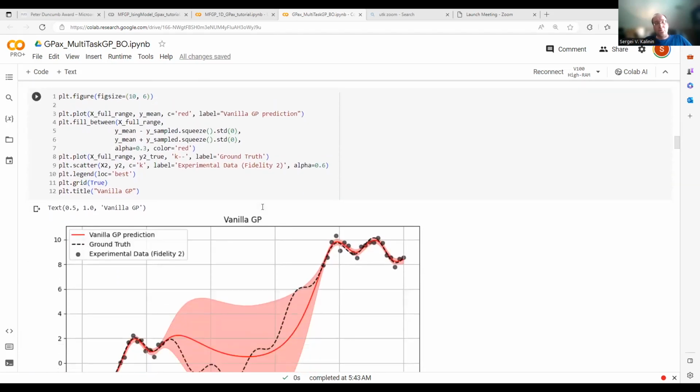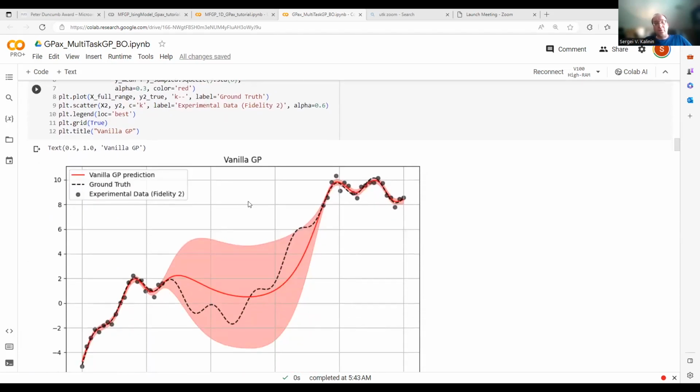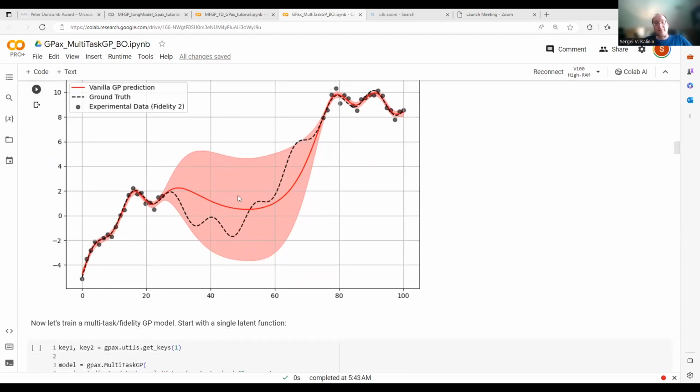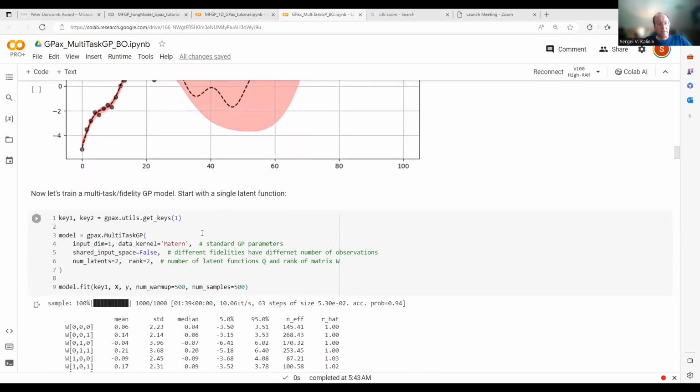So the notebook goes through the example of what will happen if you use the normal Gaussian process. As you can expect, it's not going to be particularly useful, because if you have measurements here and here, your prediction in between would be fairly unimpressive. So you cannot expect a better outcome with the Gaussian process.